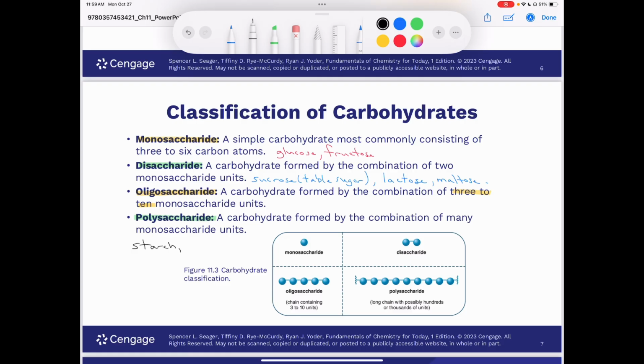Starch is a polysaccharide. Also glycogen, and cellulose. Cellulose would also be a polysaccharide. And you can see this figure that they've put here on the screen. A monosaccharide, one sugar or one carbohydrate molecule. Disaccharide, you have two of them linked together. An oligosaccharide, somewhere between 3 and 8 linked together. And when you have many, many, many linked together, you get a polysaccharide like starch.